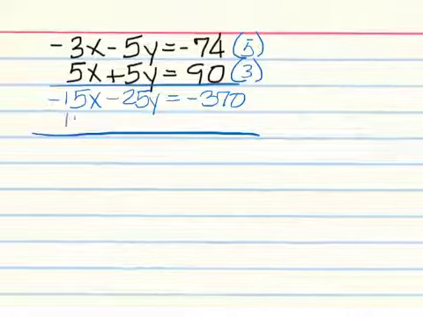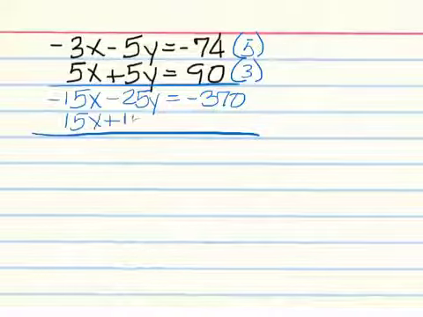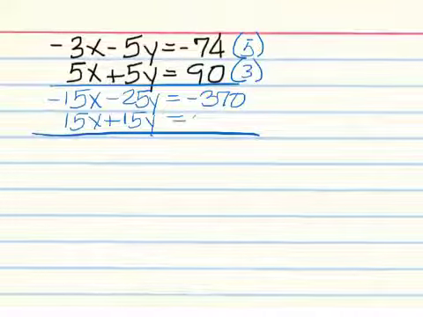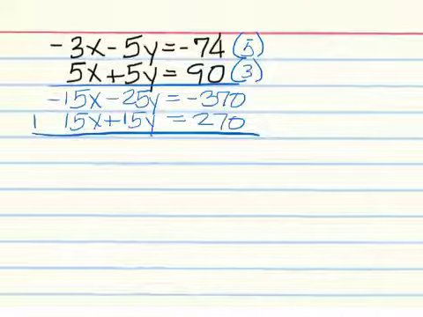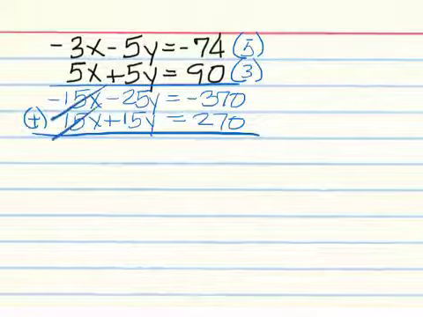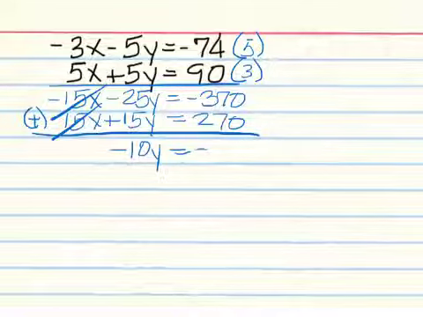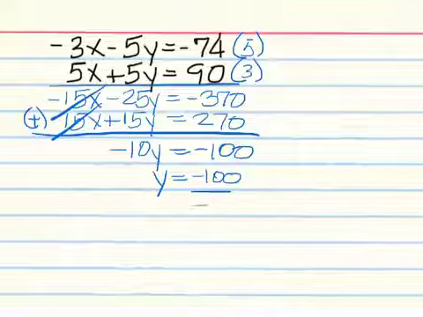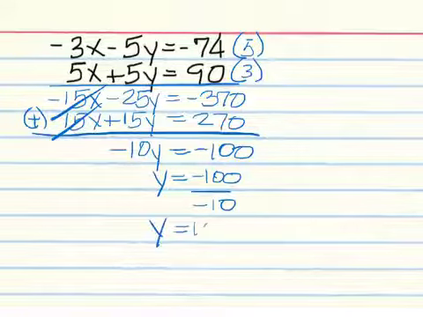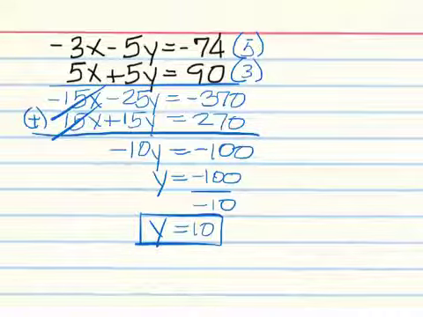And then on the bottom you get 15x plus 15y equals 270. You must add these together because you have opposite signs there. Negative 25 plus 15 is a negative 10, and negative 370 plus 270 is a negative 100. Divide and come up with an answer of 10 for y.